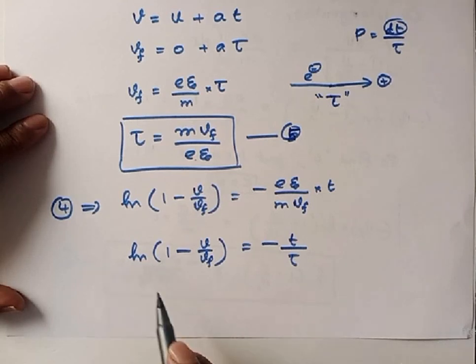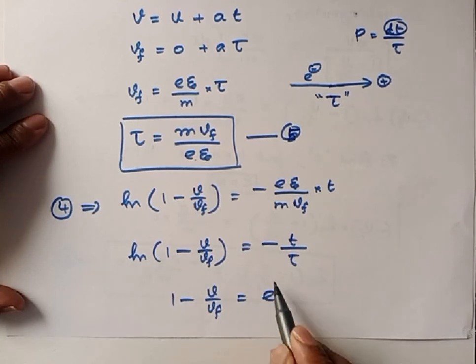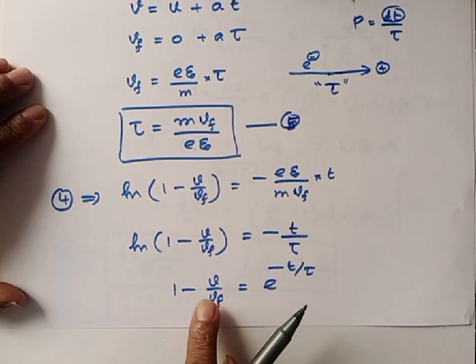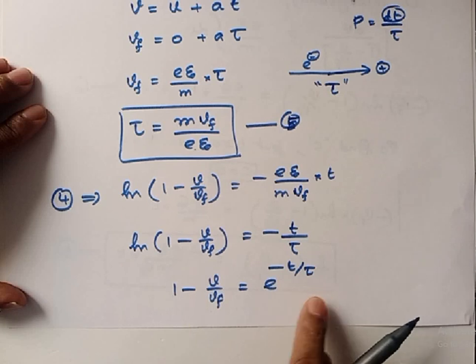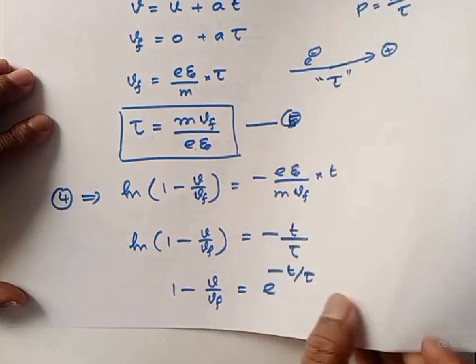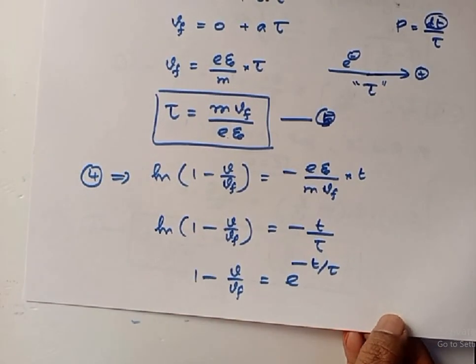Or if you remove the log, you'll get 1 minus V by Vf equal to e to the power minus T by tau. Bring this V by Vf to the right hand side and this quantity to the left hand side. So what we get is, let me do it in the next page.